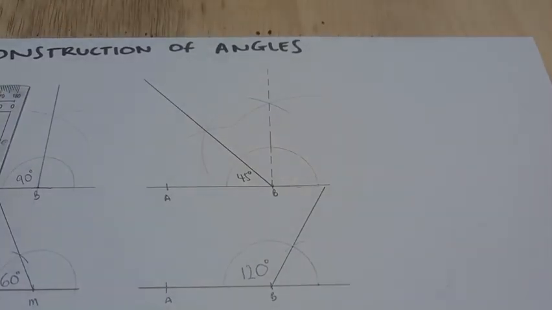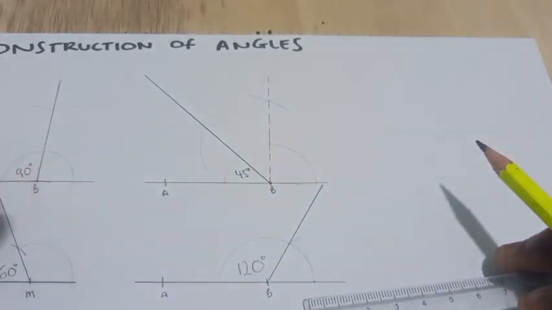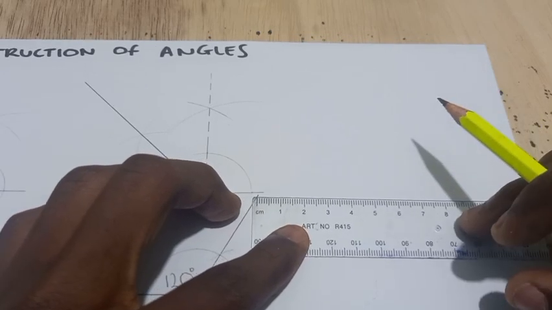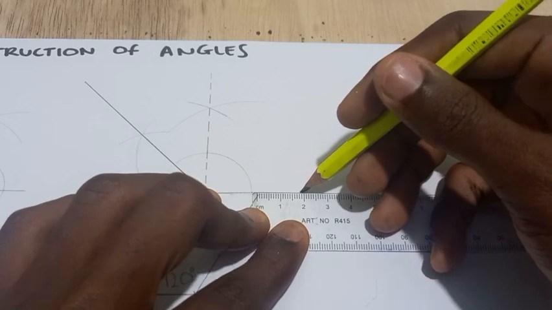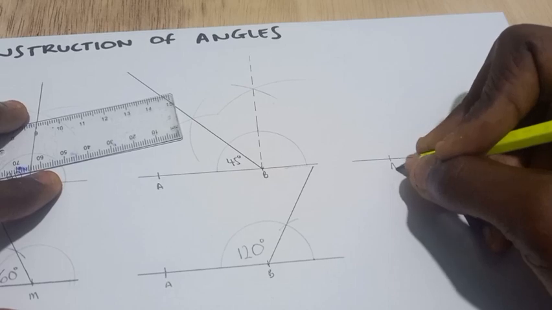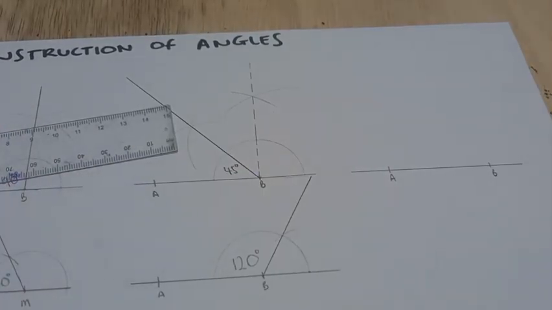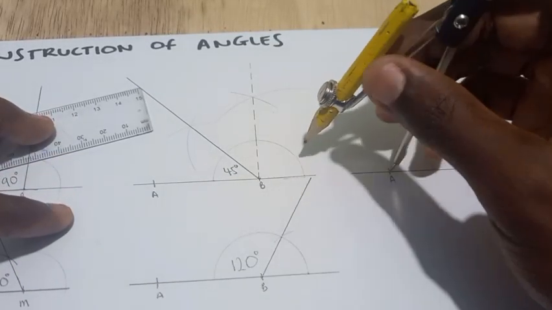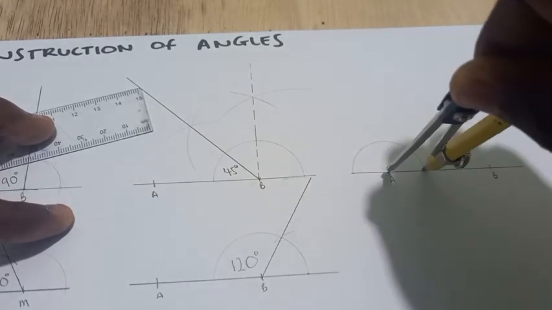So let's try constructing angle 30 degrees. In constructing angle 30 degrees, let's draw a straight line. Have points A and B. At this point, you will draw it on the point A. Convenient radius, we arc.